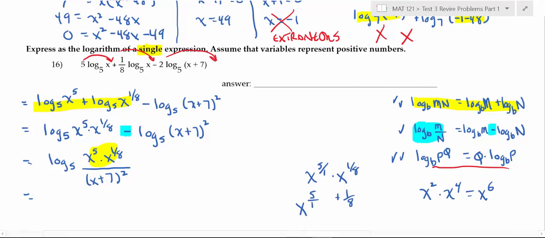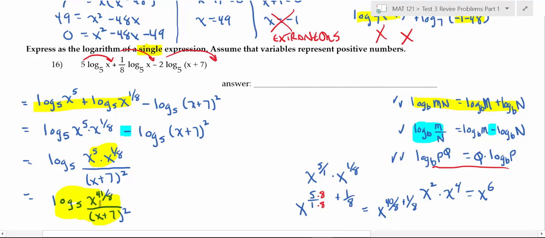You get a common denominator, which is 8. That gives x to the 40 over 8 plus 1/8, so that's x to the 41 over 8. So for your final answer, you'd have log base 5 of x to the 41 over 8, all over x plus 7 to the 2nd.